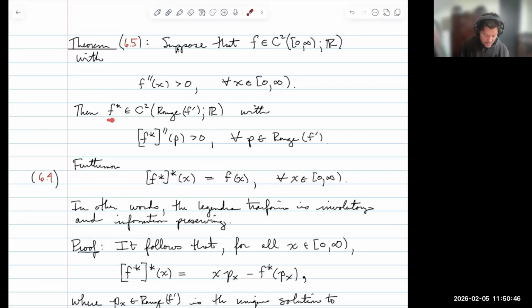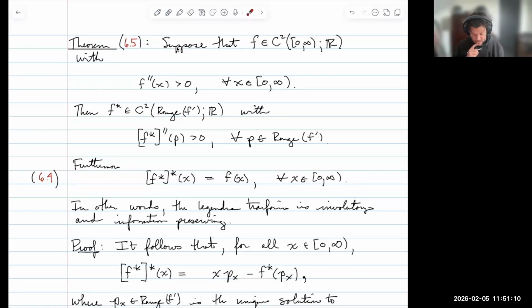Then f star is also a C2 function whose domain is equal to the range of f prime. That's a bit strange, but that's what it is, and that works for us. Its second derivative is always strictly positive. We've already shown this with a theorem.